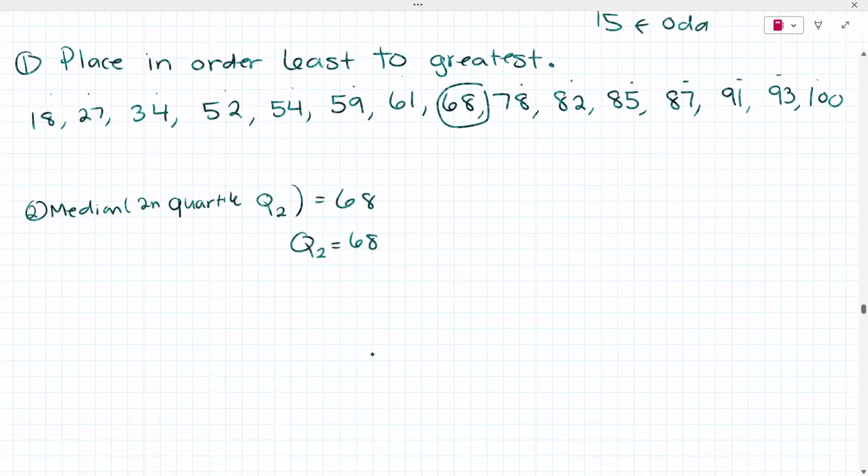Okay, step 3, lower quartile, or Q1. It's basically the median of the lower quartile.